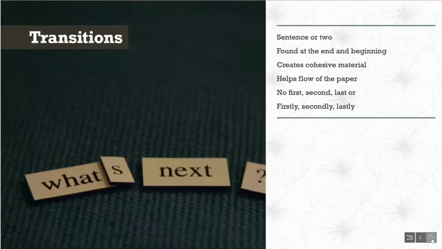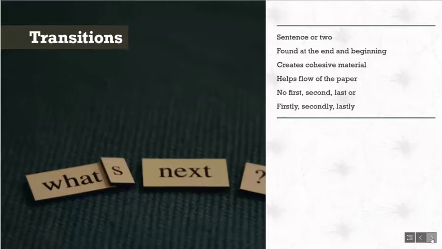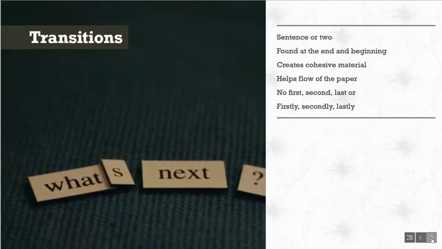And the reason why they're found at the beginning and the end is you transition out of one and into another. So at the end of one paragraph, you transition out of that idea and into another, and then at the beginning of the next paragraph, you're referencing what has just come before, just a word or two, some key words that show the connection between the two, and then moves it into the new idea.